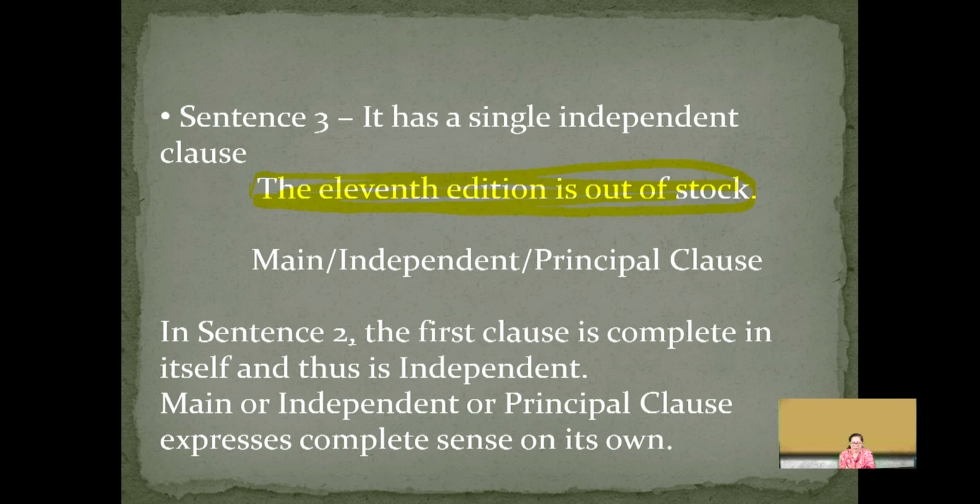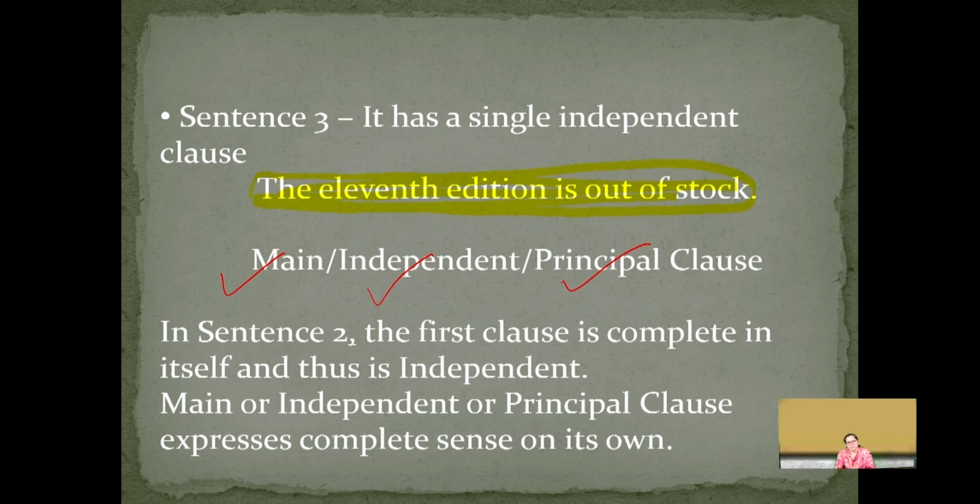And what is this? I told you earlier, we label it as main clause, independent clause, or the principal clause. Therefore, you can interchangeably use this term main, independent and principal for the clause that has an independent existence of its own, has a subject and a predicate of its own, and also can make complete sense.